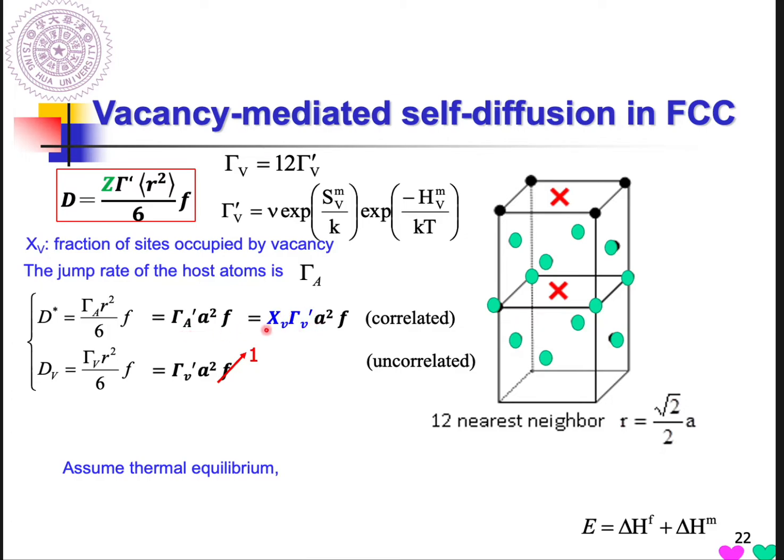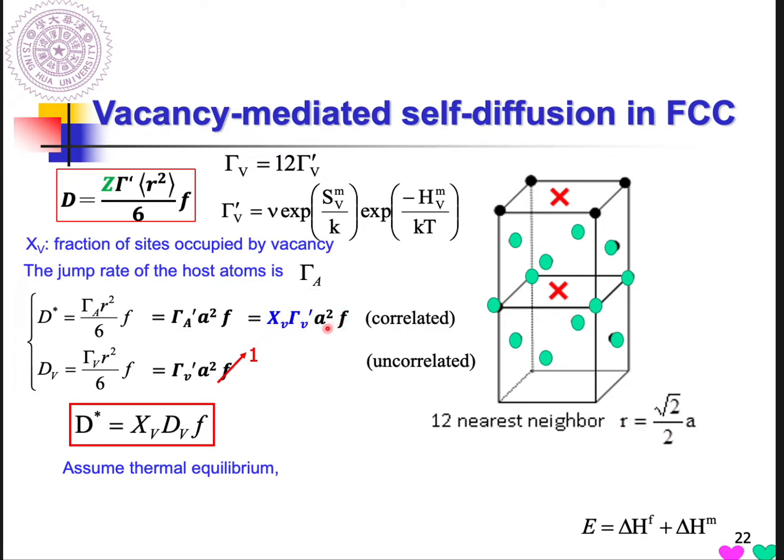So gamma A prime will be equal to XV gamma V prime. After that, you can get the relationship between the self-diffusivity of the atom and the diffusivity of the vacancy. It can be expressed like this, because it's D star, the self-diffusivity, right?